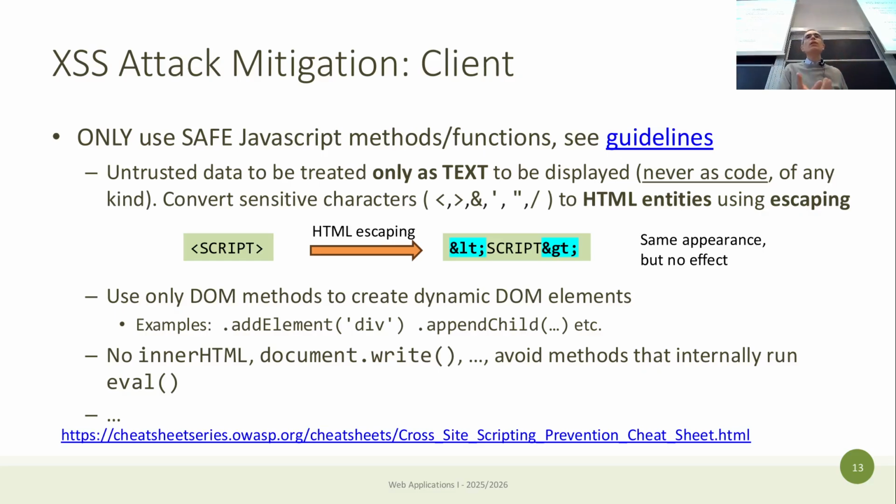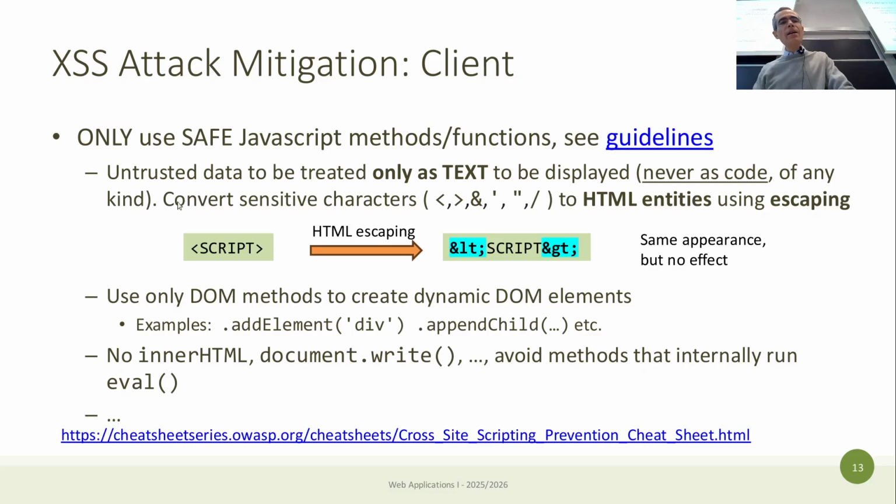We cannot say to the user, well, please don't write HTML tags. This application becomes useless, because how can you teach web applications, HTML and so on, without showing HTML tags? I need to find a way to show HTML tags, even script tags, without them being executed by the browser.